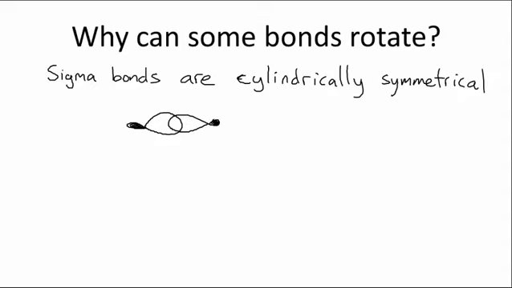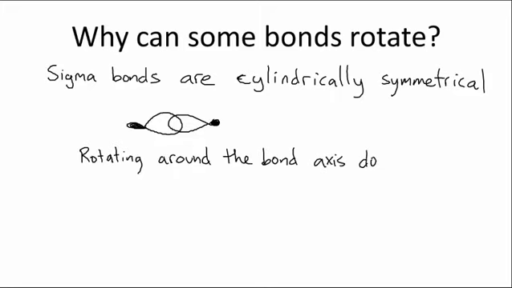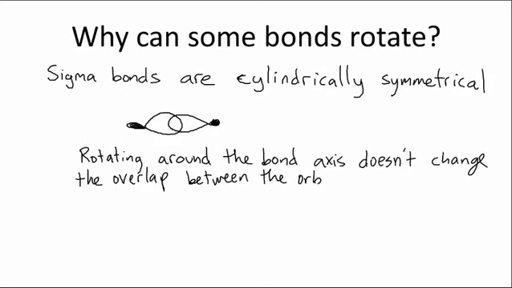So rotating around the bond axis doesn't change the overlap between the orbitals. And so if you build a model, you'll see if you have a single bond, you can just keep rotating around any one of those single bonds, and the bond stays together. All right.